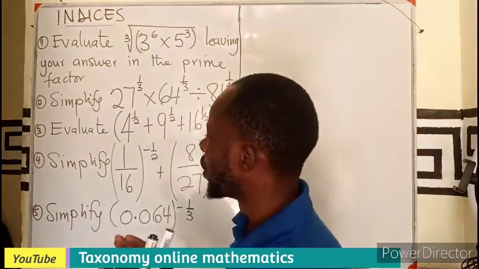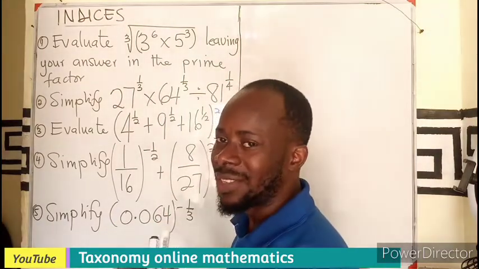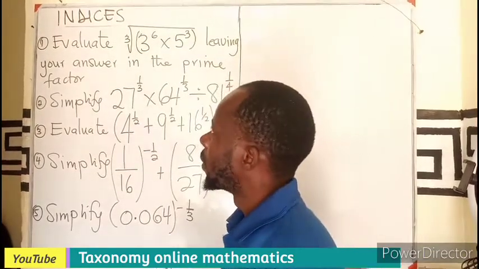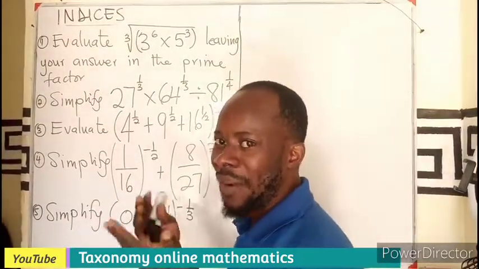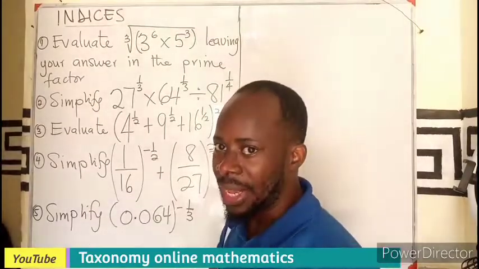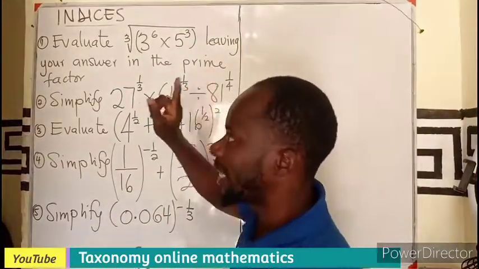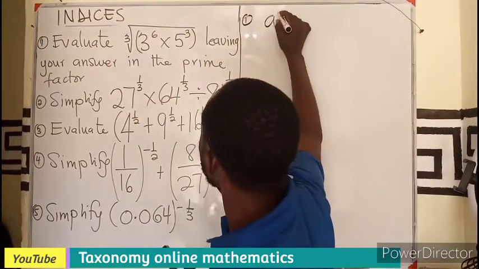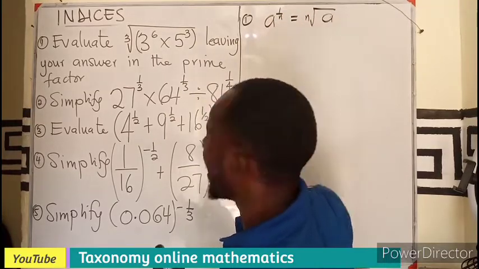Question 1 is to evaluate the cube root of 3 exponent 6 times 5 exponent 3. We have to leave our answer in prime factor multiplication, or the product of prime factors. Now, using the property that says a exponent 1 over n is the same as the nth root of a.